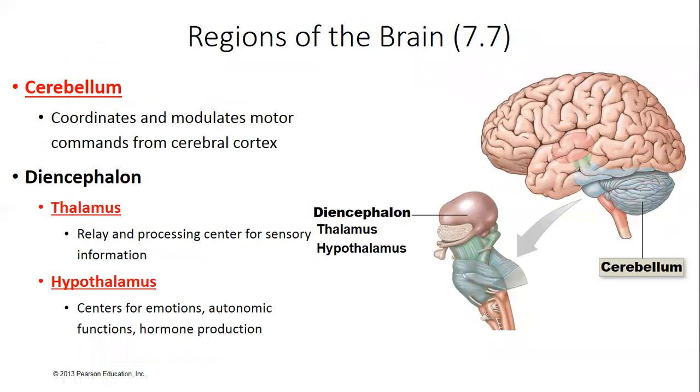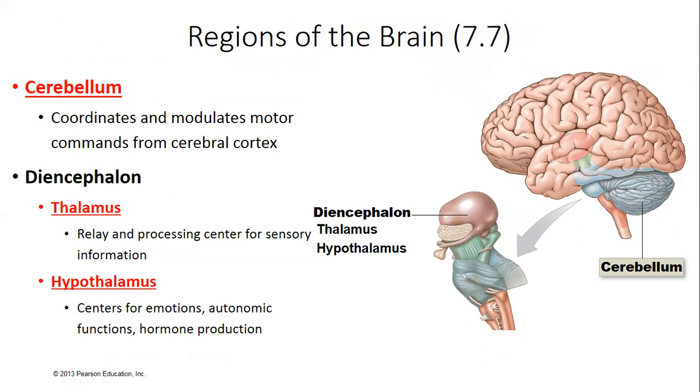So we're just going to overview some of the major areas of the brain, and we'll come back and talk about specifics here later. The cerebellum is the second largest part of the brain here. That basically coordinates, receives sensory information, and sends motor information to the cerebral cortex.